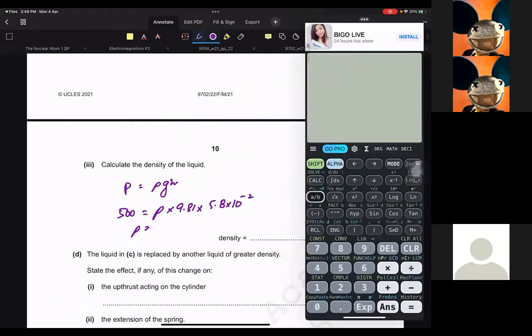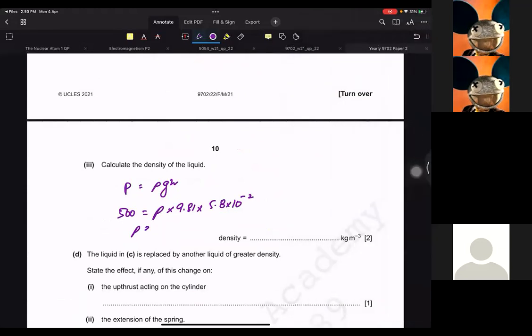Let's quickly do this. So 500 divided by 9.81 and divided by 5.8 times 10 raised to power minus 2. So it's almost 879, right? So 879 kg per meter cube.